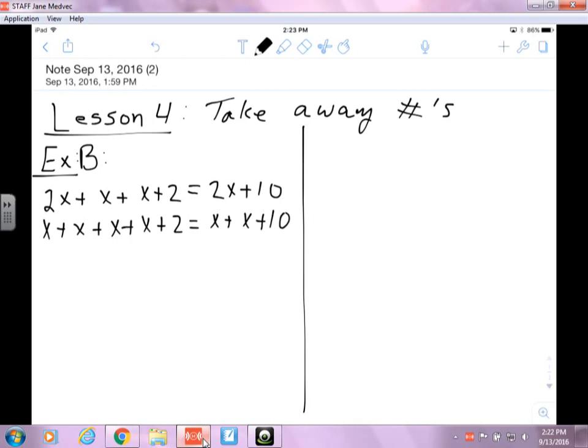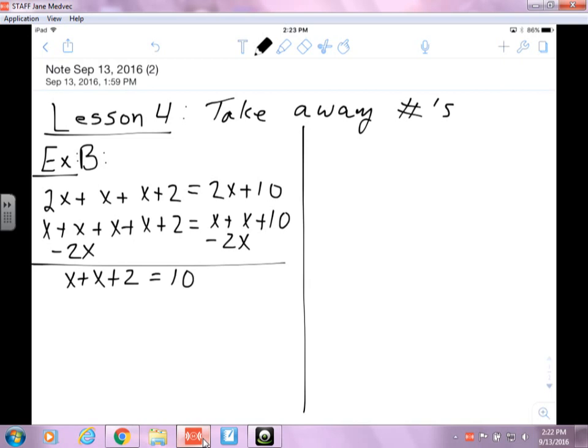All right, so now yesterday I could take away the blue pawns, couldn't I? So if I go back to that app, how many blue pawns could I take away? Yes, 2. So I go minus 2x, and I have x plus 2 equals 10.